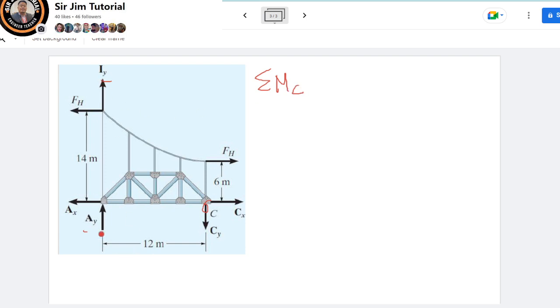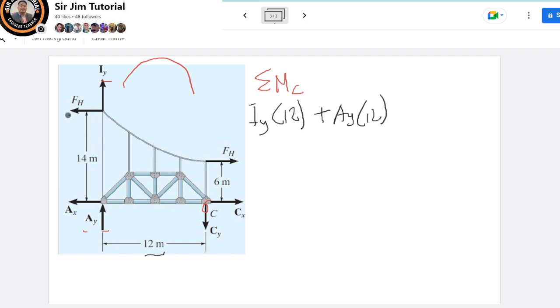IY and AY are in the clockwise direction. So here we start with IY times 12, and then plus AY times 12.